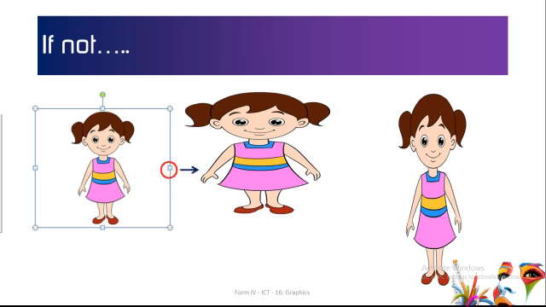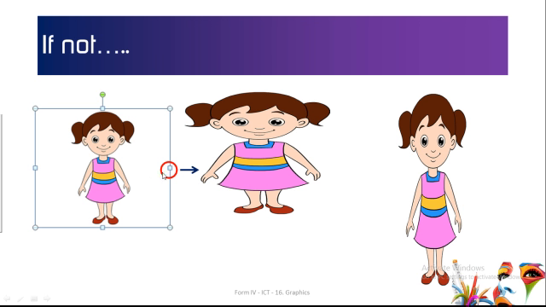If not, that means you have not used the proper diagonal points to drag with holding the Shift key. See children, the left side picture is the original image. I want to resize it.